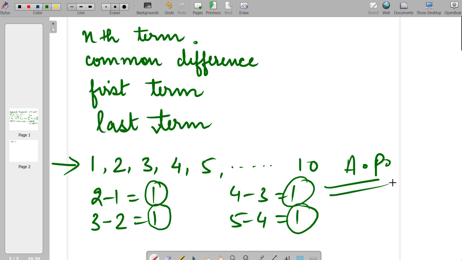Now, what is the common difference here? The common difference is denoted by small d. Here it is 1, which you have calculated. Whenever you are testing any series, and you are done with the first two elements and got some difference, like here where small d is 1, it's not that your purpose is done. You will check for at least 3 sets.